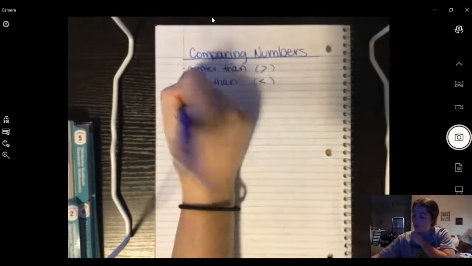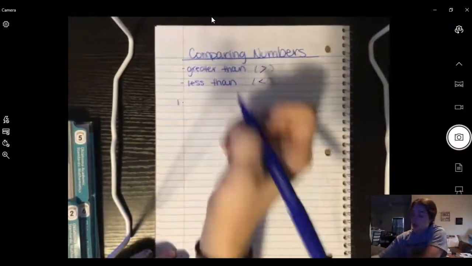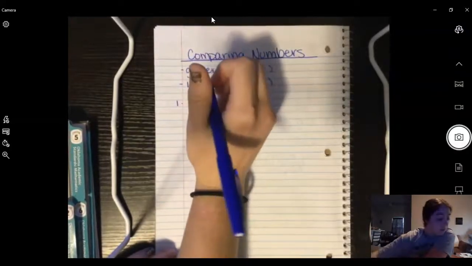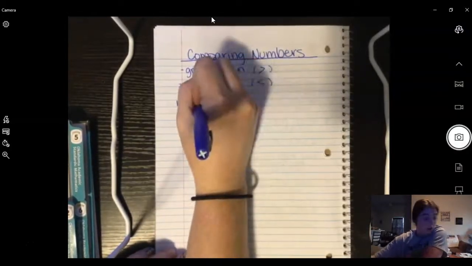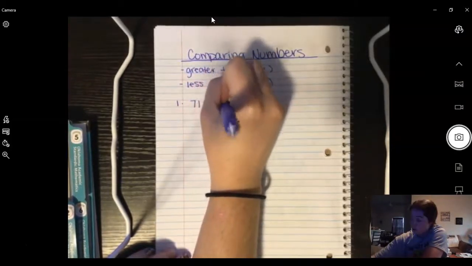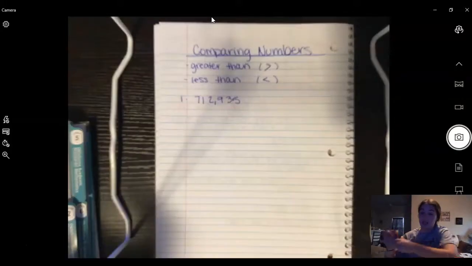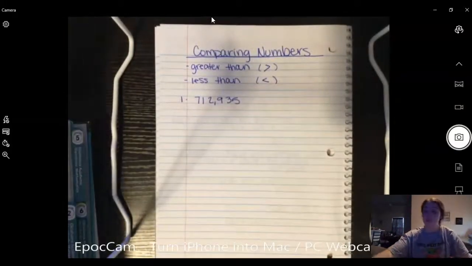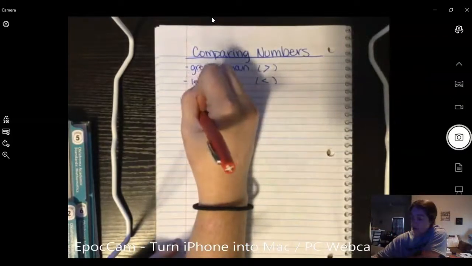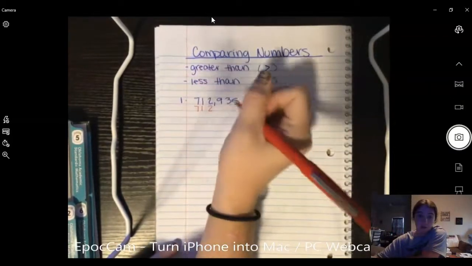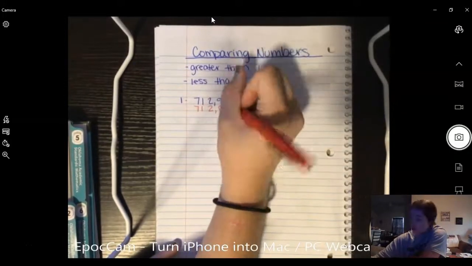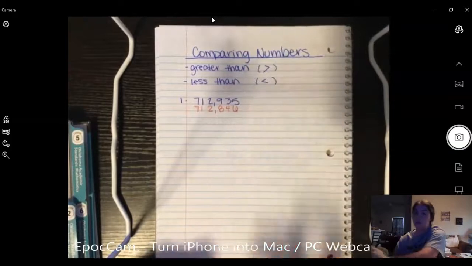So problem 1, we have 712,935. And then we have, let me do a different color so we can see, 712,846.